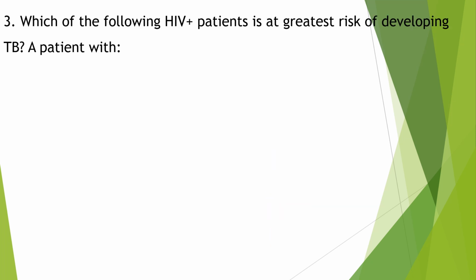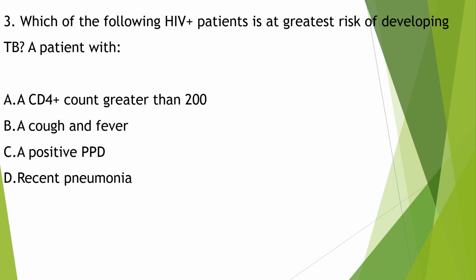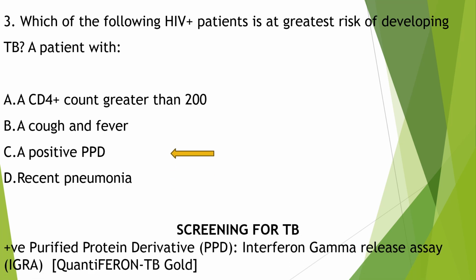Which of the following HIV positive patients is at greatest risk of developing TB? The patient with CD4 plus count greater than 200, a cough and fever, a positive PPD, recent pneumonia. So, what is meant by positive PPD? Here PPD means purified protein derivative. For a patient at risk of TB, ongoing screening should be routinely done every 6 months.